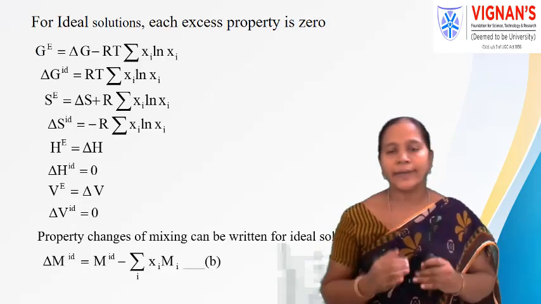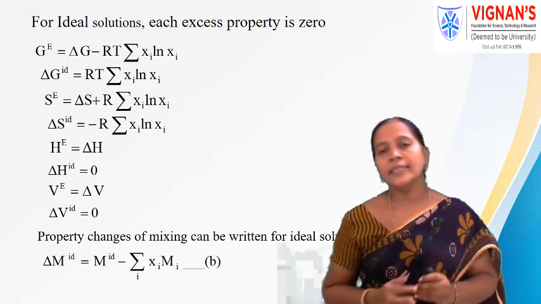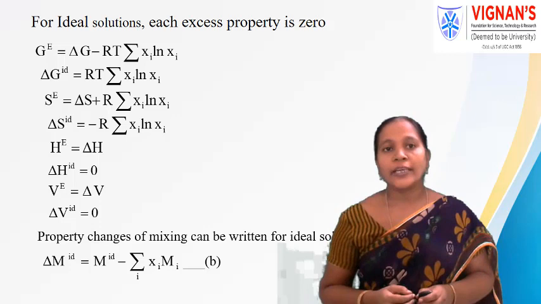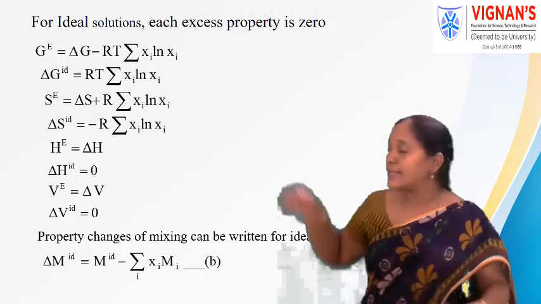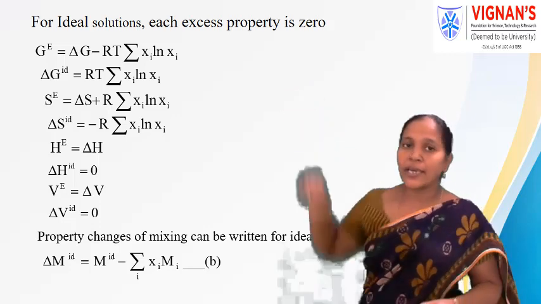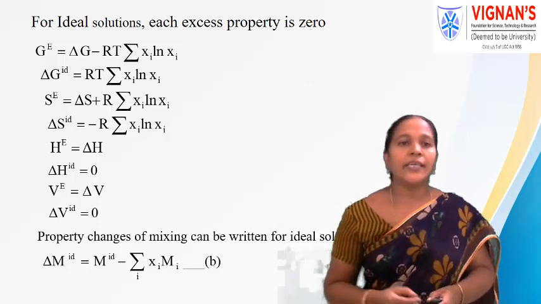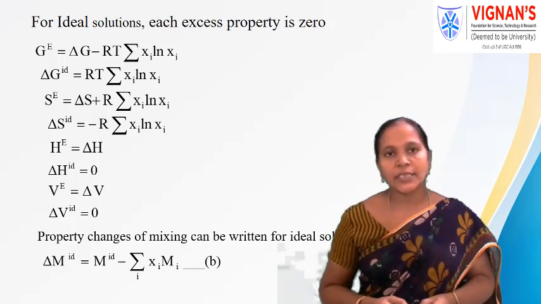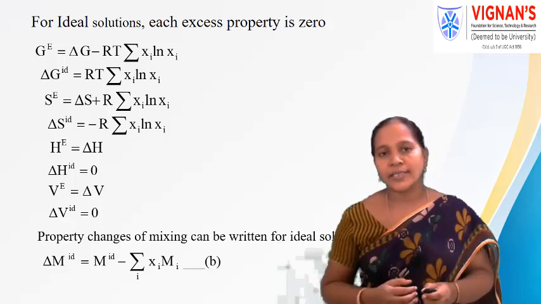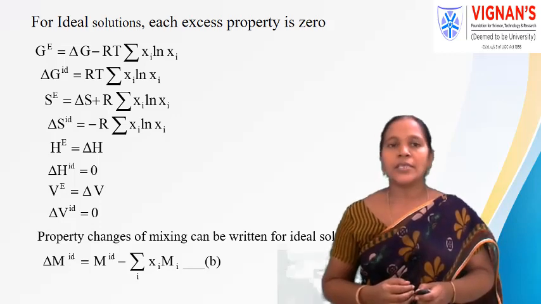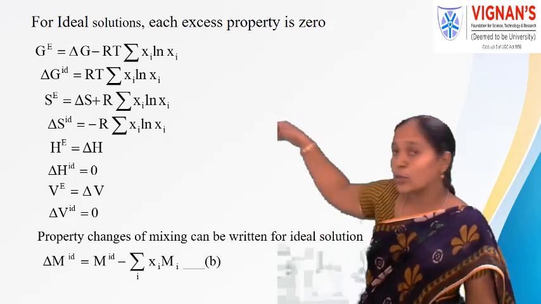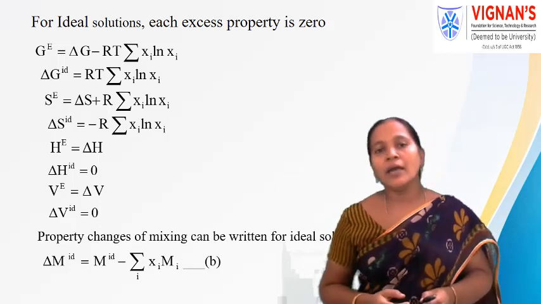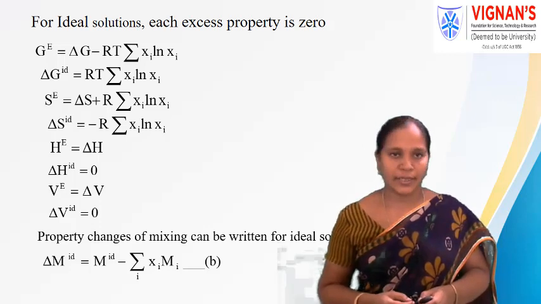Here consider an ideal solution. For an ideal solution, excess property is 0. Therefore, in GE is equal to delta G minus RT sigma xi ln xi, the GE term gets cancelled. Therefore, delta G is equal to RT sigma xi ln xi, which for an ideal solution means delta G ID is equal to RT sigma xi ln xi.